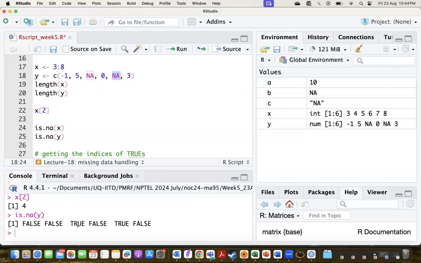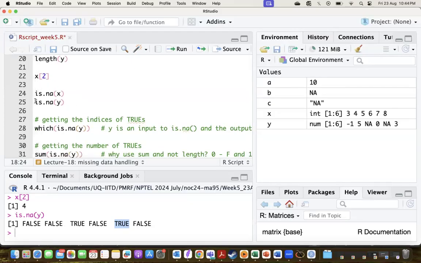But here, how do I find that this is third? I had to count: 1, 2, 3, and then 4, 5. If it was a very long vector, I can't manually count. I would like R to give me those positions 3 and 5 itself. So in addition to writing is.na, I will enclose this in the which function.